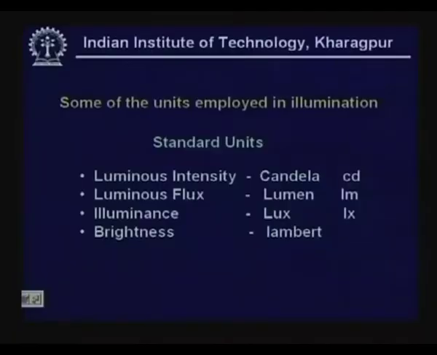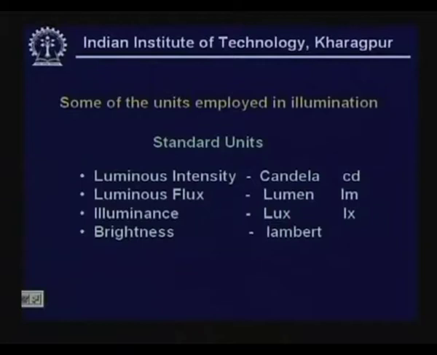Illuminance, of course, is abbreviated as lux. Lx, known as lux, is the luminous flux incident at a point, that is, lumens per meter squared. Now there is another term called brightness, which we have also encountered earlier in talking about the functioning of the eye, standardized as Lambert.